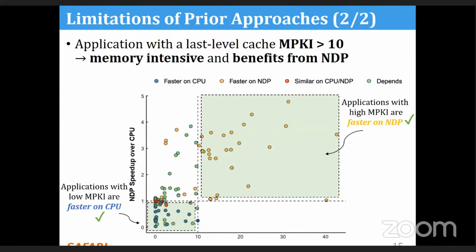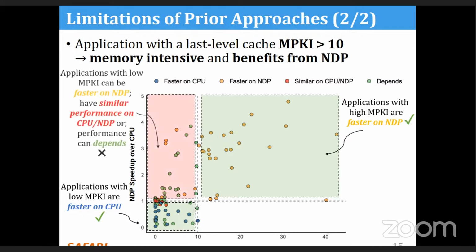Some of the workloads in this region, which is low MPKI, are typically better on the CPU. But there are also other workloads, like all of these here, that could supposedly be better for the CPU because their MPKI is low, but we are obtaining some performance speed up from executing on the NDP side. So this MPKI is also not a super reliable way of characterizing the workloads.